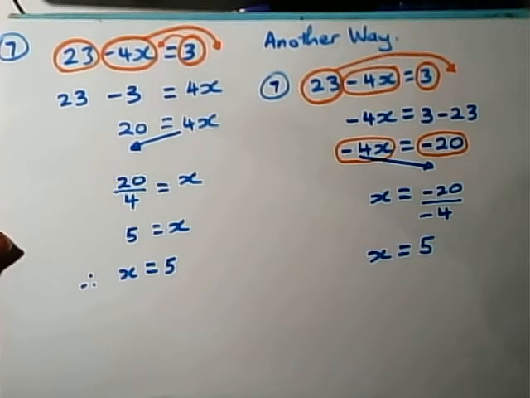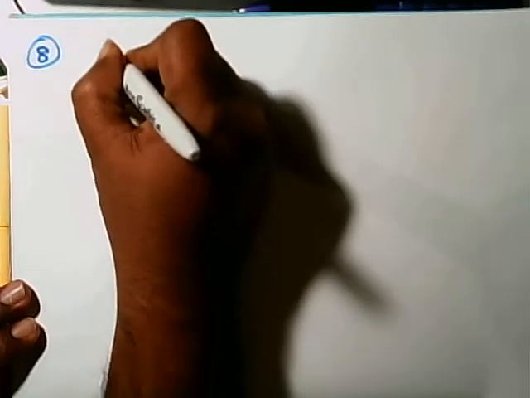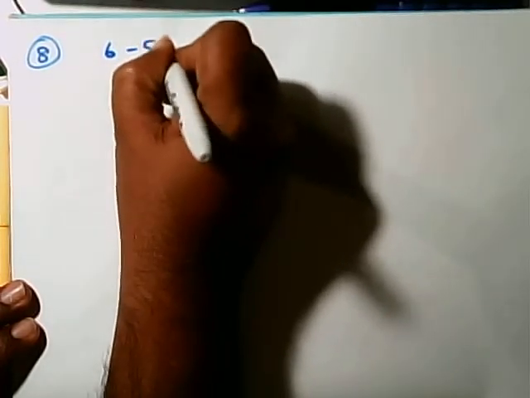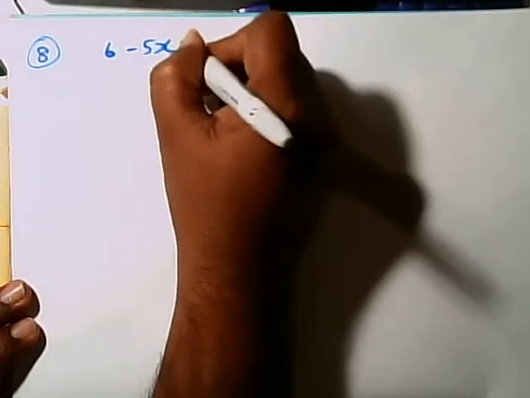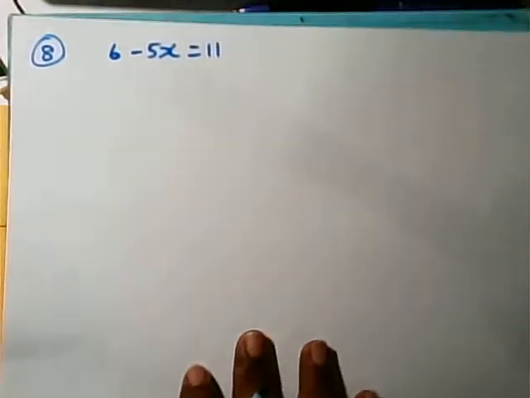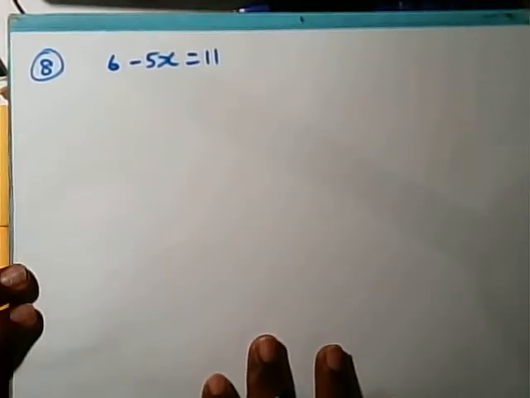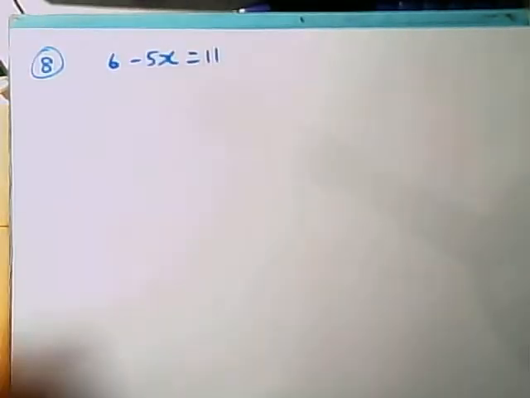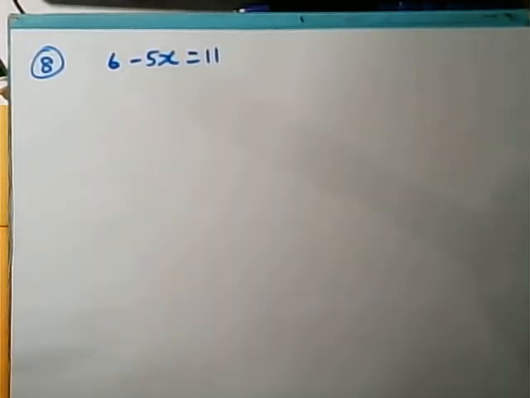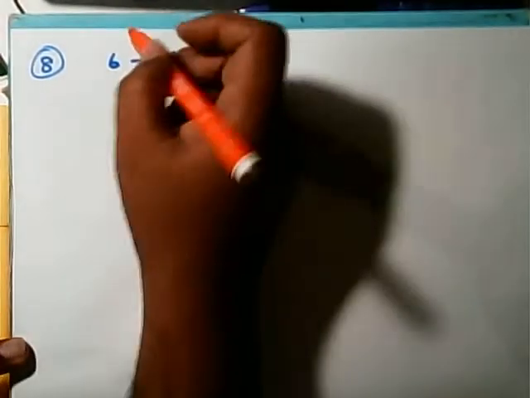Okay. Number 8. Question 8: 6 minus 5x is equal to 11. Chances are most likely you'll keep the minus 5x on that side.